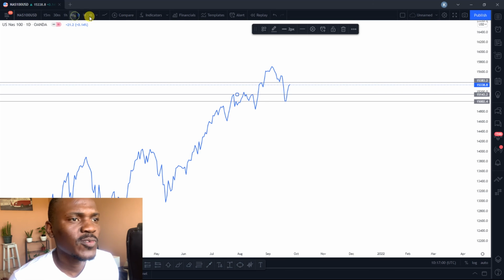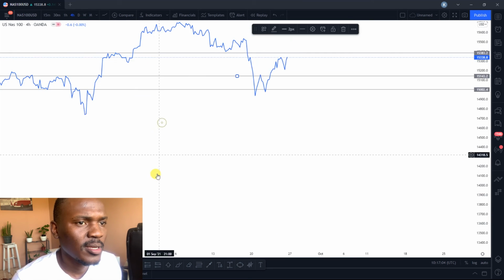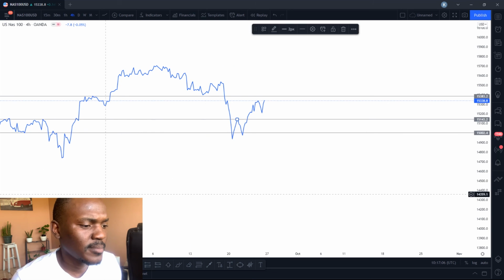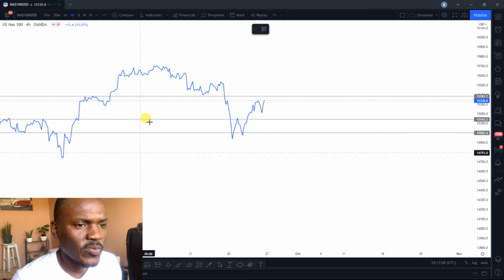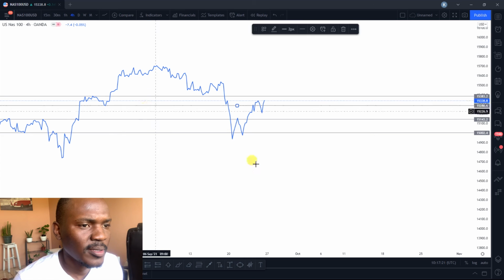And then we'll move to a 4-hour as we did on the other pairs. Try to find another support and resistance on a 4-hour chart. Okay, I think I'm seeing another support somewhere here and a little bit of resistance here.